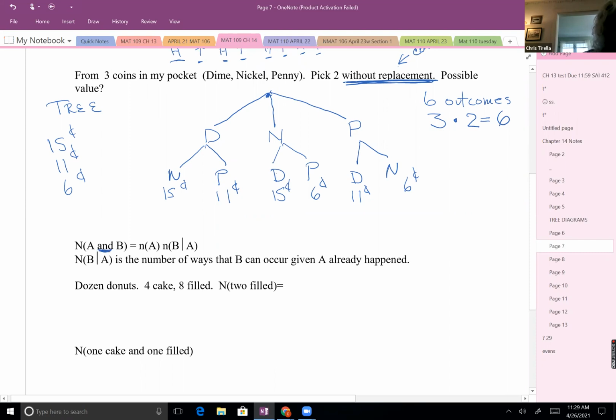So the number of ways that A and B can occur is equal to the number of ways A can occur, and then I'm going to multiply by the number of ways B can occur, given that A already happened. And so this is putting that condition on. We're changing our sample space.